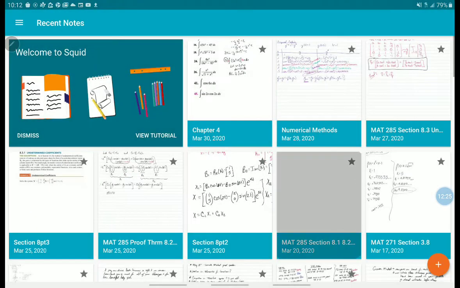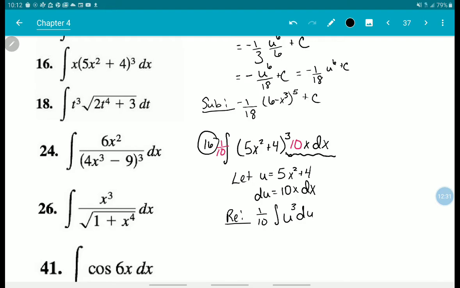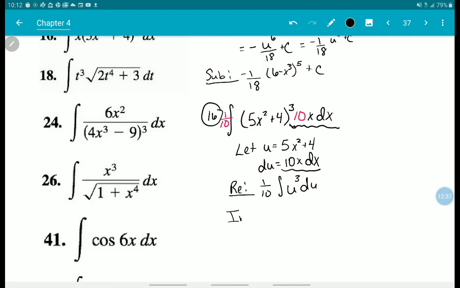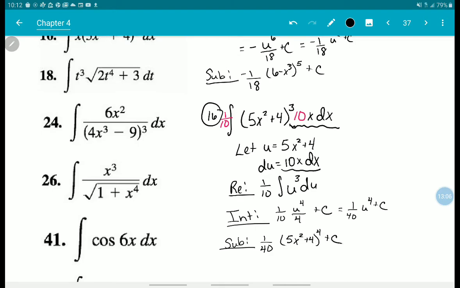All of that 10x dx is du. So then integrate. We have 1 over 10 u to the 4th over 4 plus c. And that's 1 over 40 u to the 4th plus c. And then if we sub back in, our u was 5x squared plus 4. So there's our final answer.